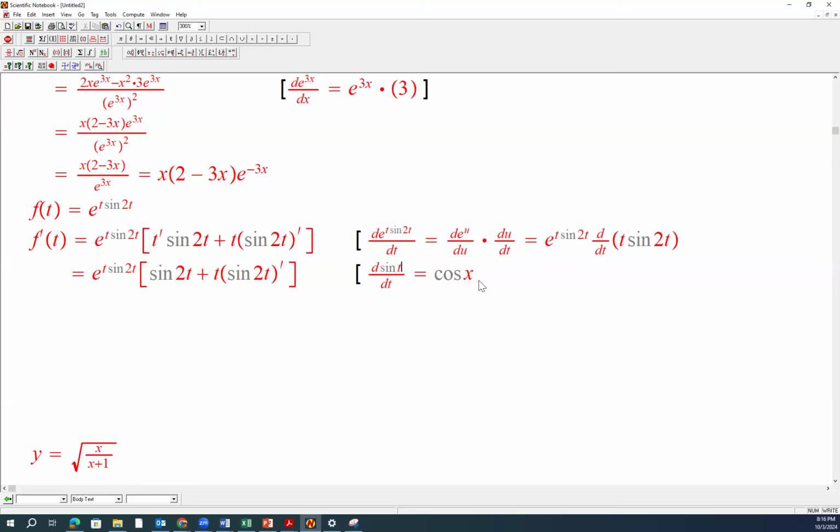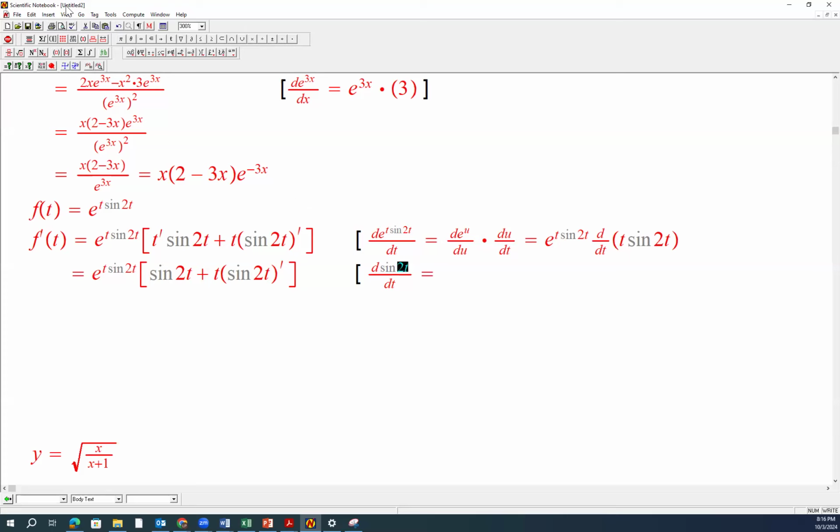Then this will be t, right? But now it's 2t. And differentiating sine 2t with respect to t is not going to be cosine 2t, right? So what are we going to do with it? Well, the same trick.